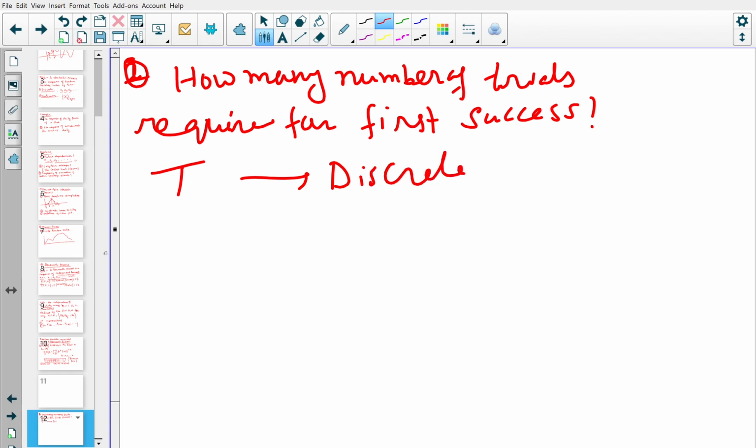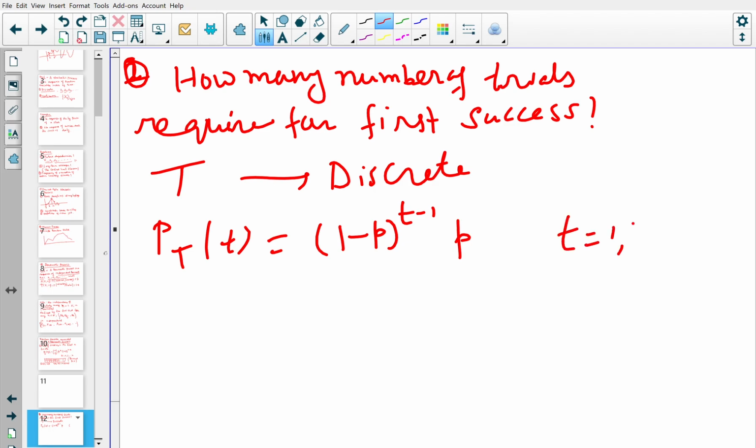Okay, and what will be the PMF? So the PMF at t means that before that, t minus 1 places you have failures, each trial independent, so it is (1 minus p) to the power t minus 1, and the tth one is a success, p, and t can be 1, 2, and so on. So we can understand that this is nothing but a geometric random variable.